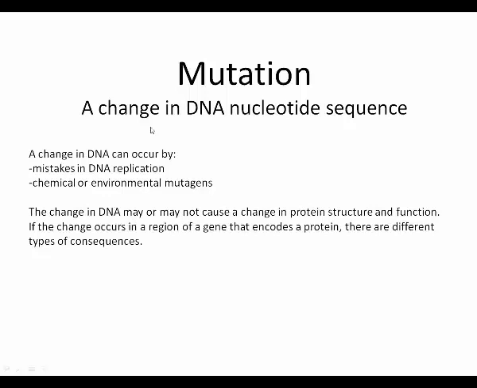If the change occurs in a region of a gene that encodes a protein, however, there are different types of consequences. So one thing I want to mention is mutations happen all the time. Our DNA is constantly taking hits, and there are multiple levels of repair. So not only is our DNA taking lots of hits, but we have lots of different repair mechanisms that come in and change those mistakes.